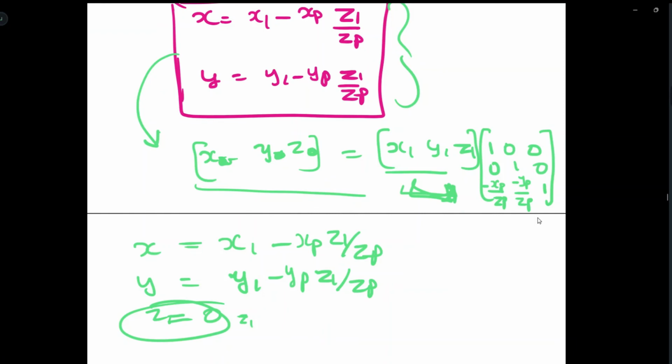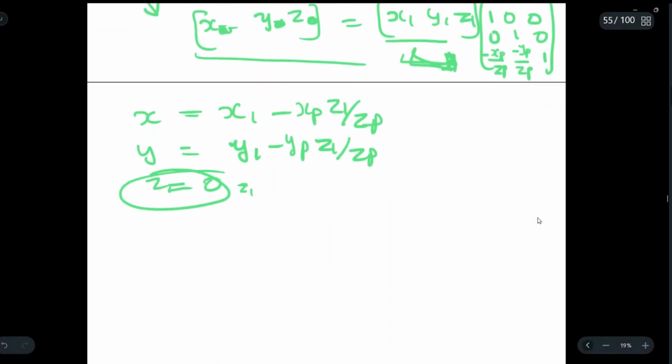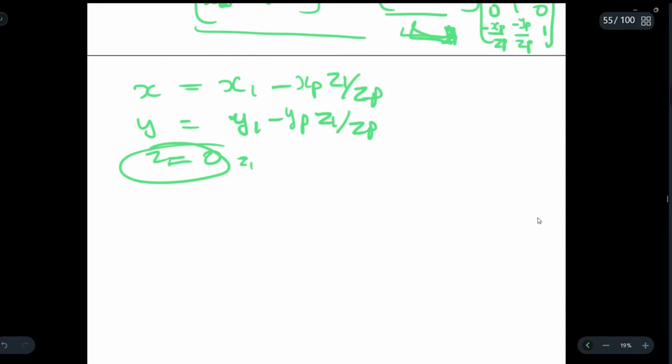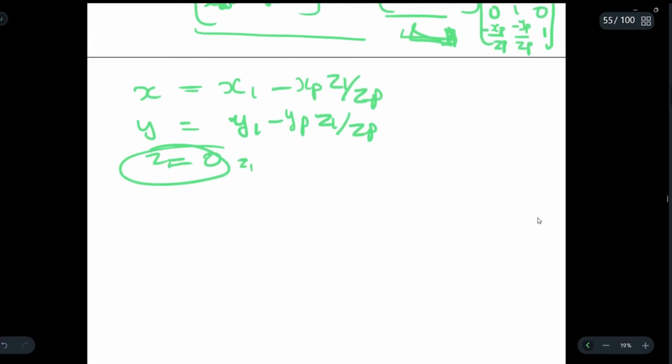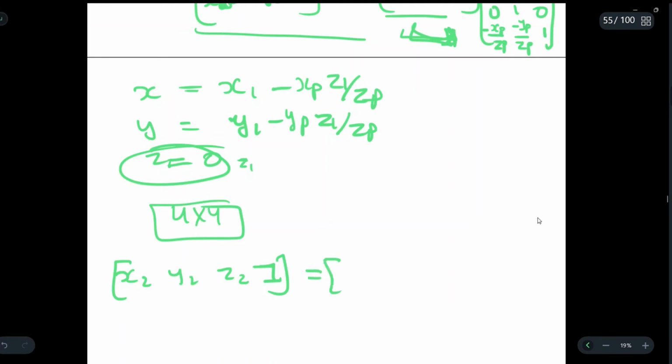Okay, so now we will write it in another form. If we want to write it in a further simplified form, or in homogeneous coordinate form, that is a 4 cross 4 matrix, then we will write x2, y2, z2, and just add 1 over here.